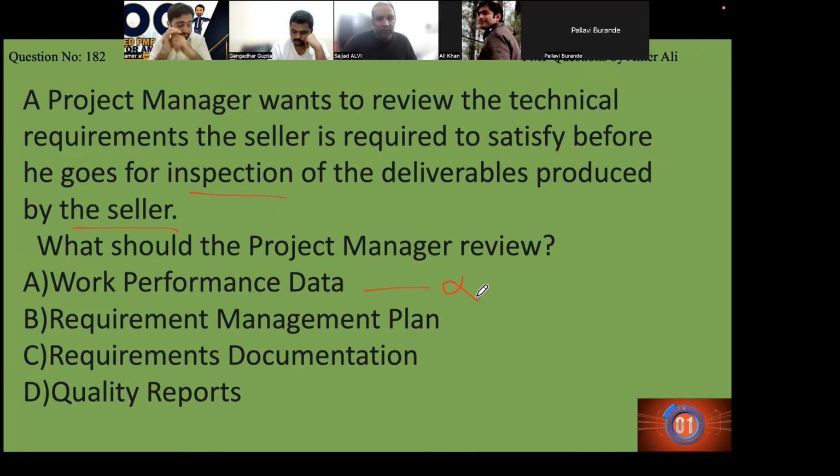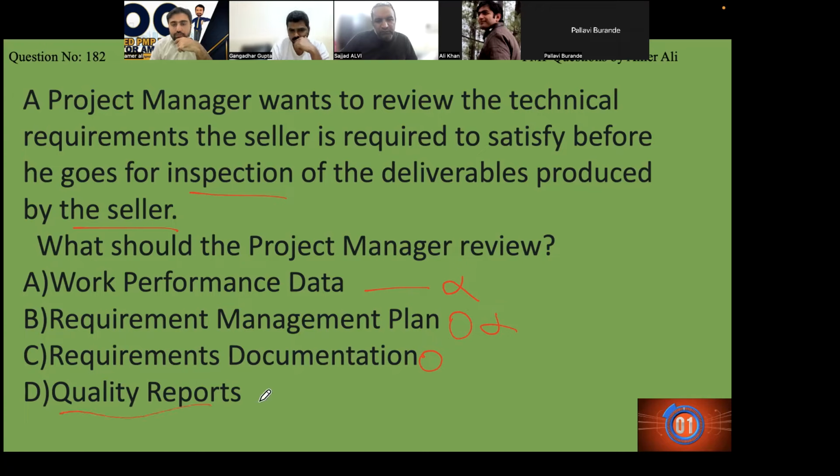Requirement management plan, a very good option. Requirement management plan may have. Requirement documentation. Requirement management plan is a good thing, how the requirements will be managed, but requirement documentation supersedes. So I'm going to eliminate this. We are left with two options, requirement documentation and quality report.